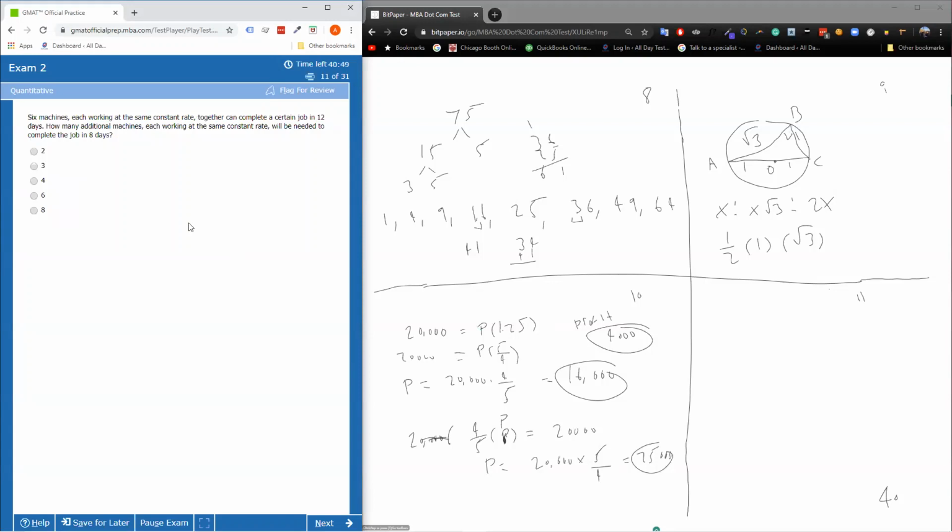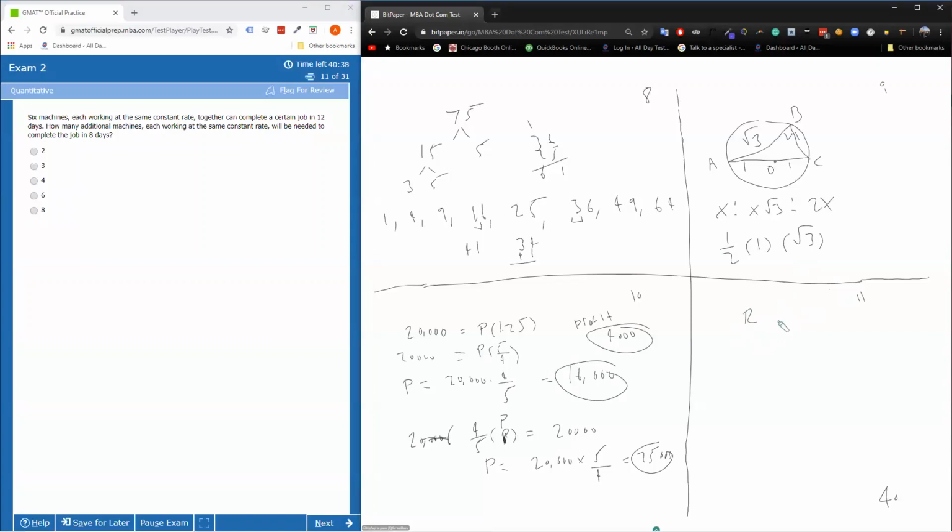6 machines, each working at the same constant rate, can complete a job in 12 days. How many additional machines, each working at the same constant rate, will be needed to complete the job in 8 days? Ooh. So if I want to put everything in terms of just a single machine, so one machine's rate is one job every 72 days because it takes 6 machines to do it in 12 days.